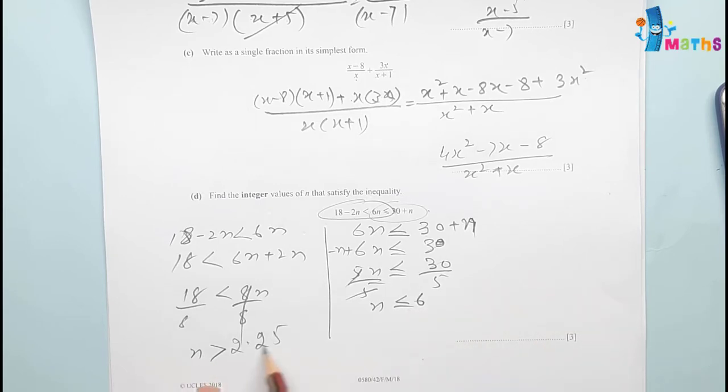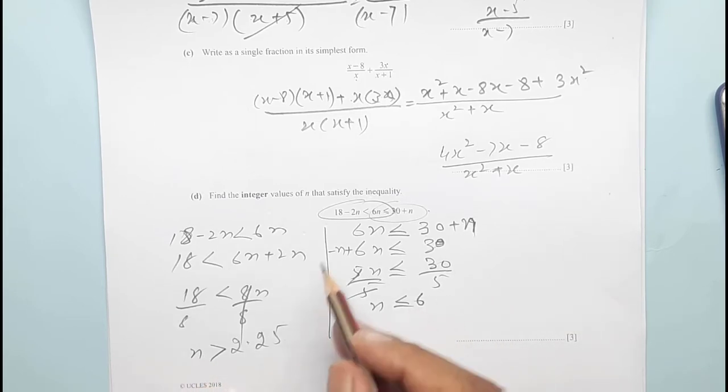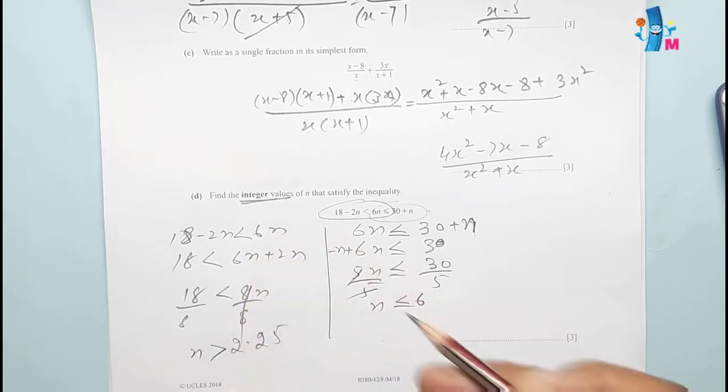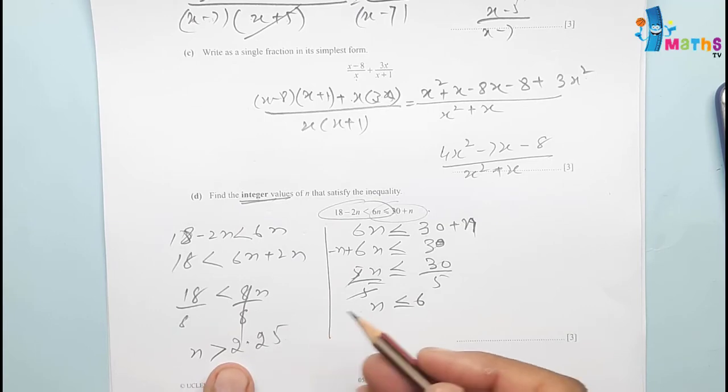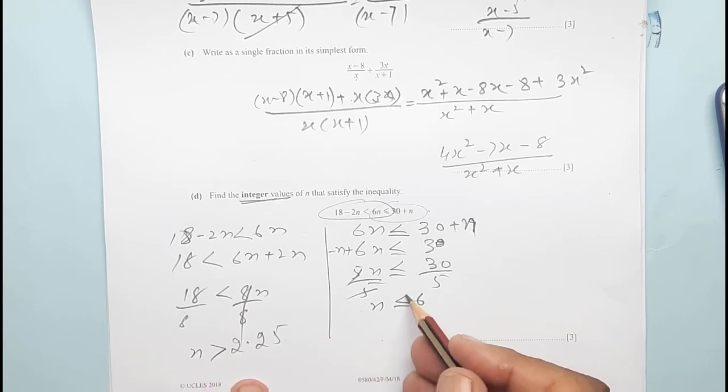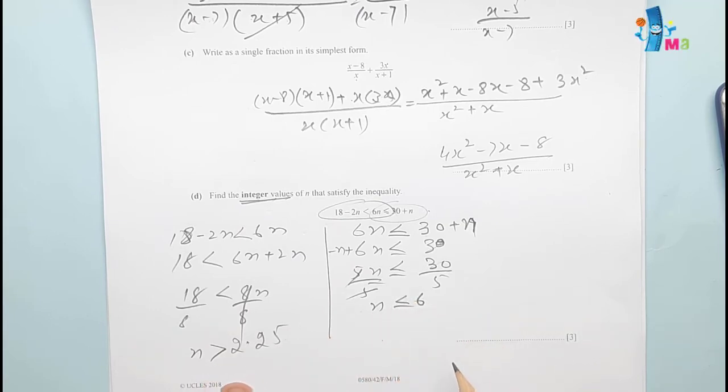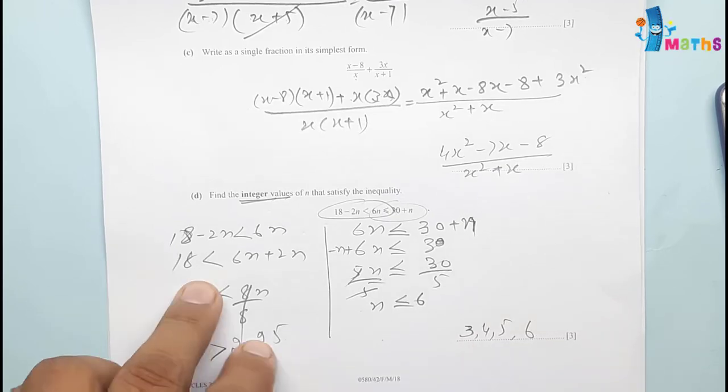So n is greater than 2.25 and less than or equal to 6, but they are saying integer values. So the integer values greater than 2.25 will be 3, 4, 5, and 6 is also included because n is equal to as well. So our answer will be 3, 4, 5, and 6. These are the integer values which are our answer.